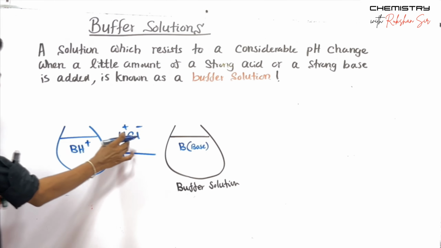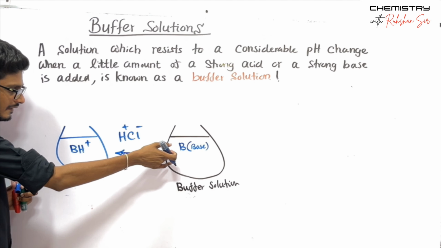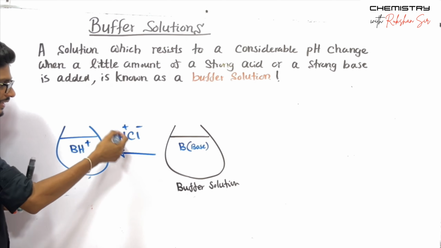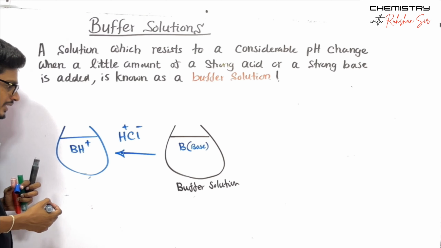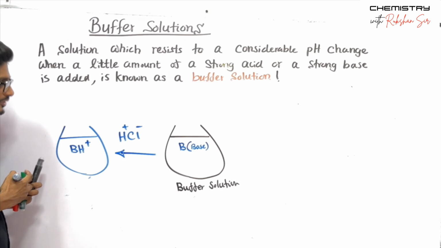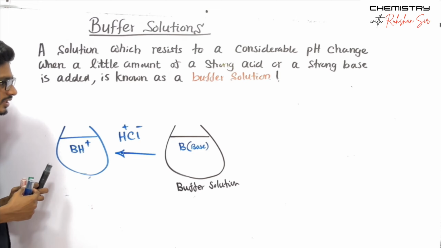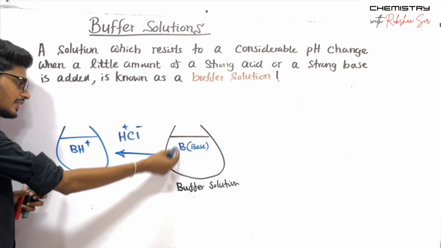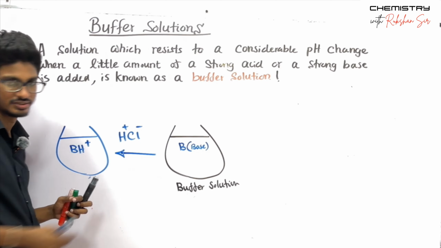You won't see the presence of H plus here, as this base will neutralize the H plus added by the strong acid. So to resist a greater pH drop when adding a strong acid, the buffer solution should have a base in it, to neutralize that H plus added.